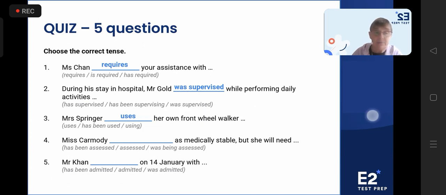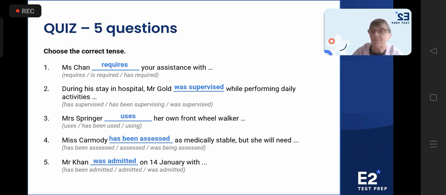That's a statement about Mrs. Springer. Miss Carmody has been assessed as medically stable. We don't say when the assessment happened, just the fact that she has been assessed and now she's medically stable, which is important. There's a relation with the present, but she will need, in the future.